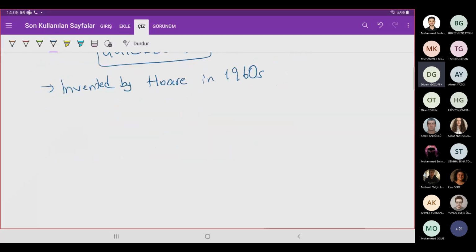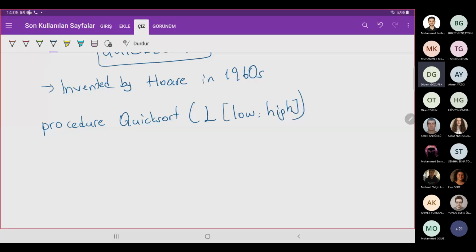So the main procedure, I'm writing the pseudocode also for you to remember. Procedure quicksort, L, low to high. Okay. So I have a low index and then a high index because I'm operating on a list L. And I have this low pointer and high pointer, so to speak.